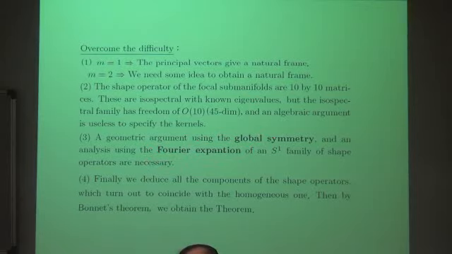Anyway, finally, I could show that this hypersurface satisfies condition A. So in that case, all the components of the shape operators we can compute, and then we can show that they coincide with the homogeneous one. So applying Bonnet's fundamental theorem on hypersurfaces, we obtain our classification theorem. So this is the story of the g equals 6 case.